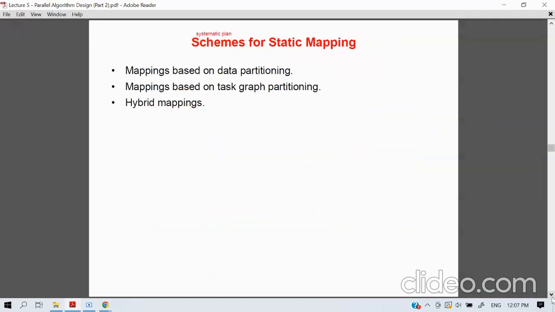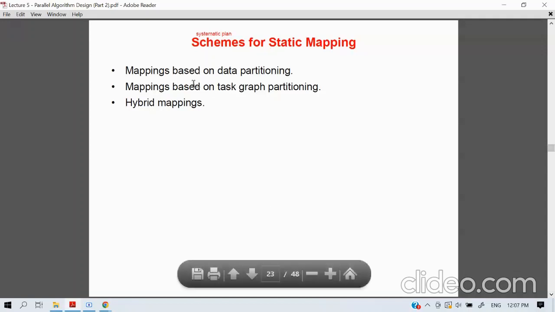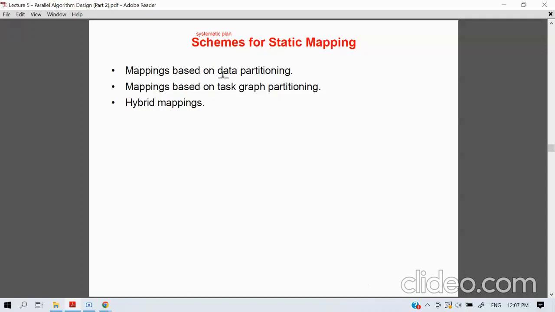Then we looked one by one at the schemes, how we want to do the mapping. In this slide, we learn the schemes for static and also for dynamic. So static has 3 types based on data partitioning, task graph and also hybrid.